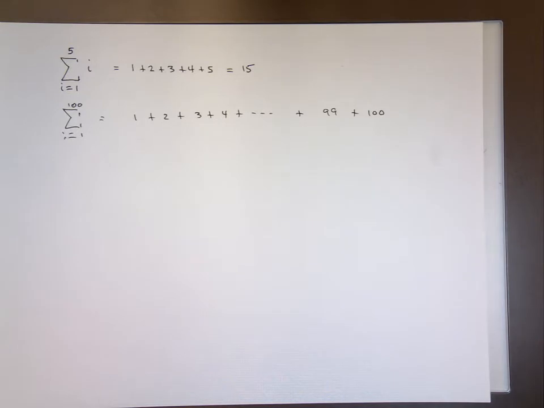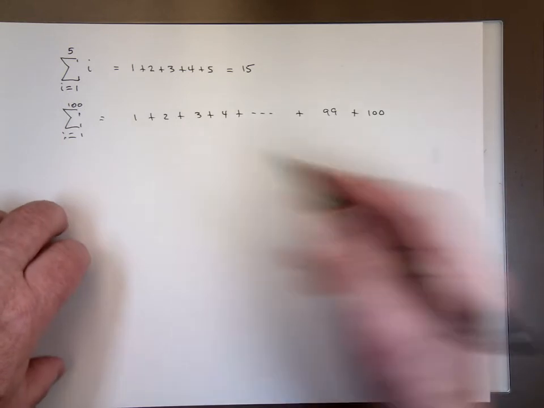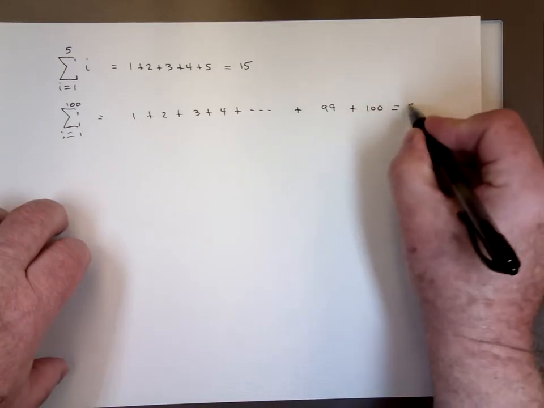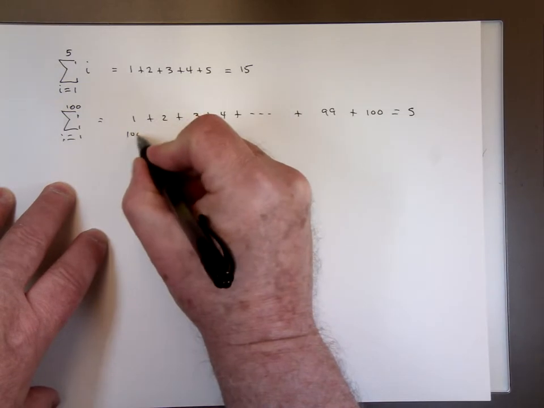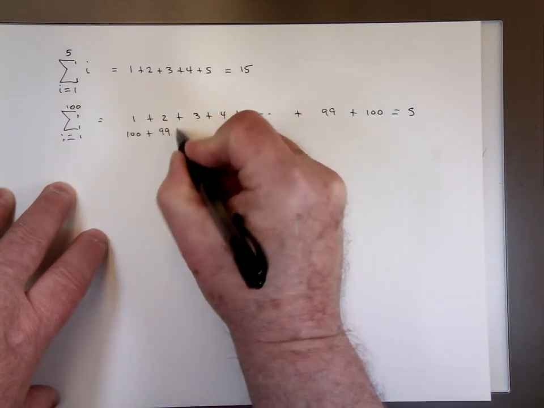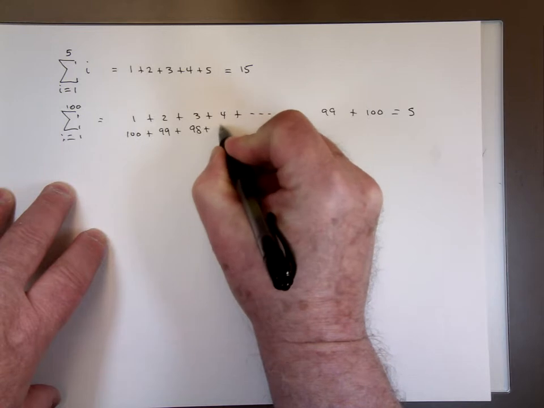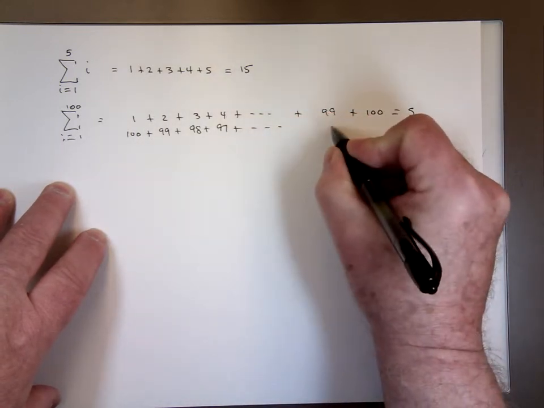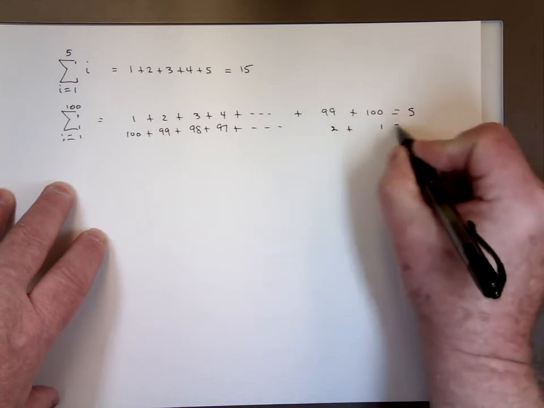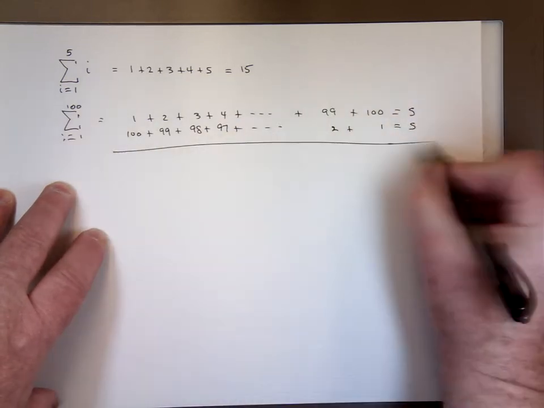And supposedly what he did was this. He said, well, the sum we're looking for here, let's call this S. And if I rewrite it backwards, that's also S. And if I add this up, I'll have 101.